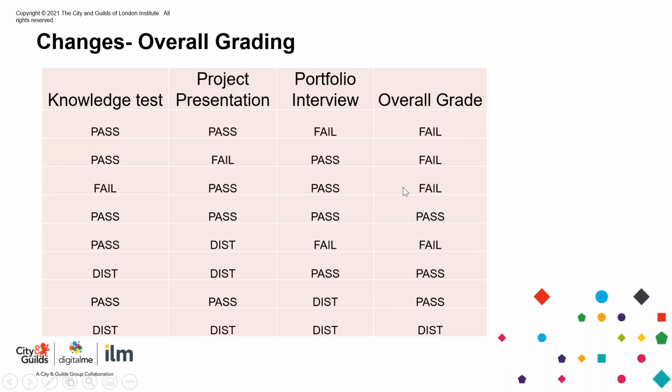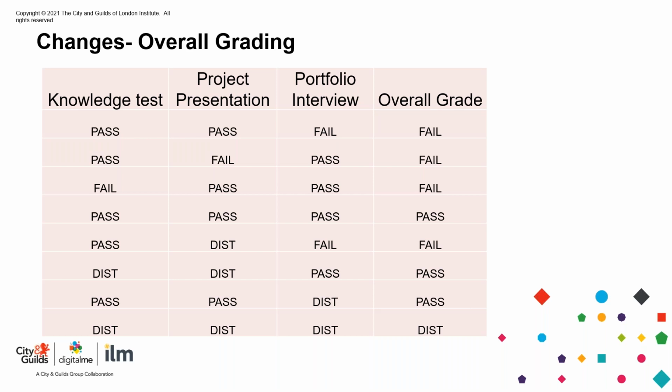Okay, so like Josie was saying before, in order to achieve that pass and distinction, you can see there an outline grading table. In order to achieve a pass, you must achieve a pass in all key areas. But what's important really is the bottom line. In order to achieve a distinction, you must have a distinction in the knowledge test, the project presentation, and the portfolio interview.